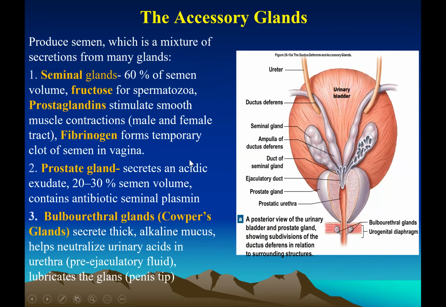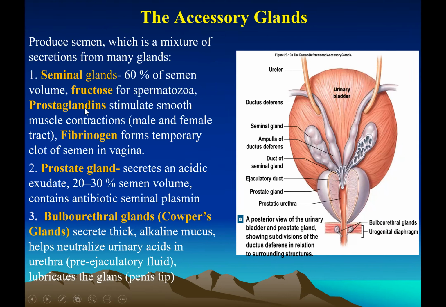So let's talk about the chemistry of the semen, because the sperm by itself is very delicate and can't survive without the nourishment of the semen. 60% of the seminal fluid is made by the seminal glands. So what is the chemistry of it? It has fructose, which is the energy supply for the sperm.